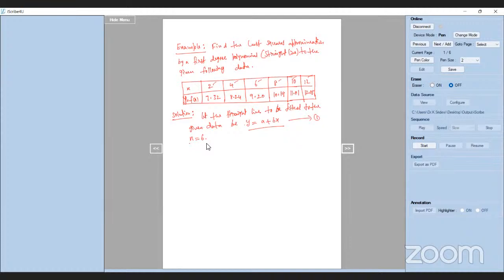Now here to find these parameters a and b, we have to take the normal equations from the procedure which I have explained just now. So now for the desired polynomial, the normal equations are. How many normal equations are there? 2 normal equations in the above procedure.